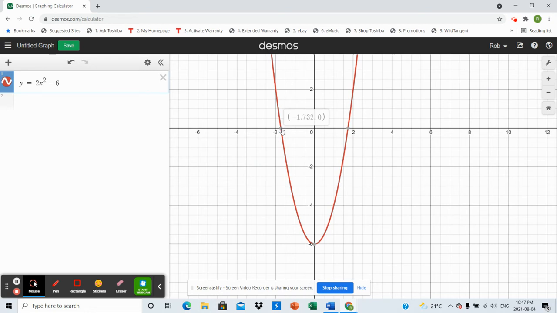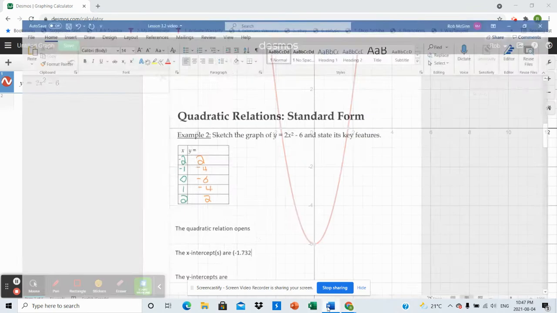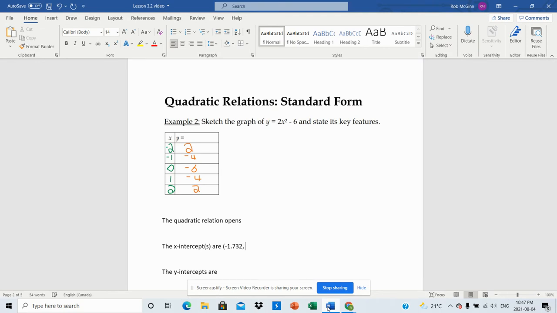Yes, negative 1.732, comma 0. Y is always going to be 0 at the x-intercept because that's where it crosses the x-axis. And positive 1.732 and 0.